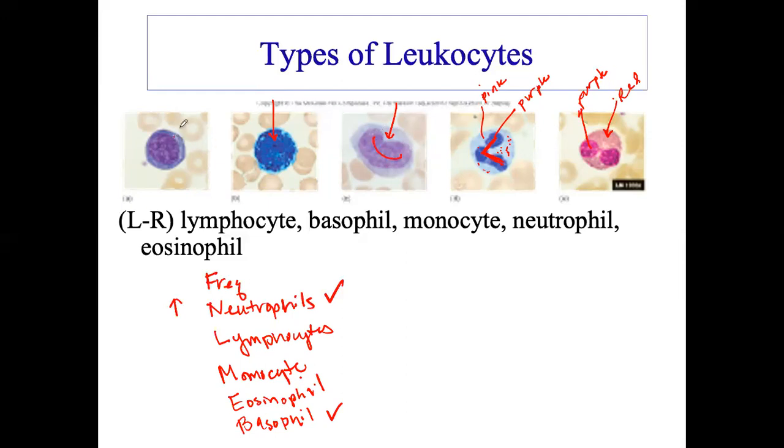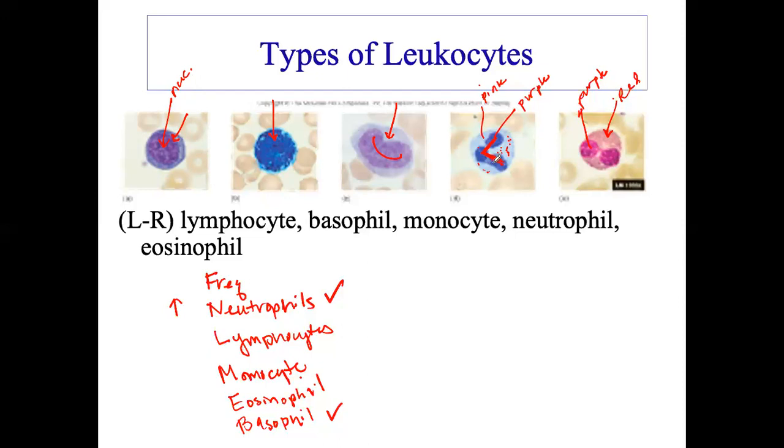Lymphocytes, again, clear cytoplasm, but it's just a sliver of cytoplasm. It's not a lot. The nucleus takes up a lot of the cell. And lymphocytes are about the same size as red blood cells. As the lymphocytes and the monocytes mature, they add more cytoplasm. As the neutrophils mature, they add more segments to their nucleus.